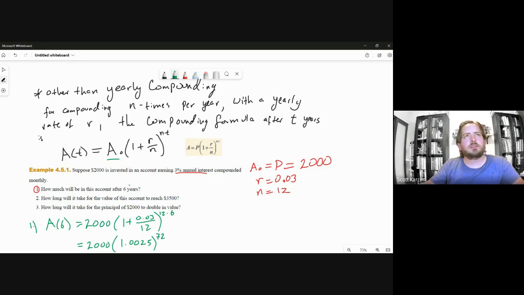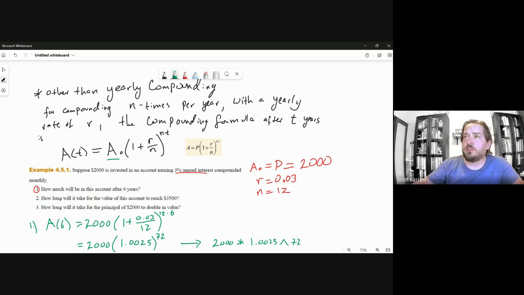And now if you've got a TI-30, you can just throw this all in one line. Be careful with it. It should look something like this: 2,000, your little star for multiplication, and then 1.0025. And sometimes it'll have a caret, or sometimes if you have one with good math print, it'll actually write it as an exponent, to the 72.